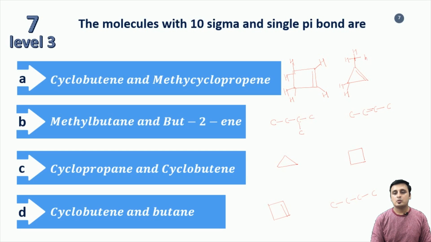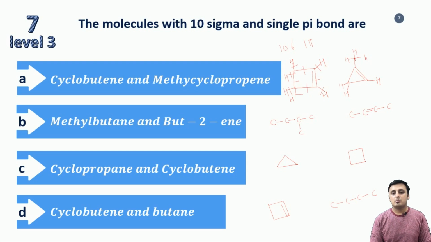There are 2 hydrogens over this carbon and 1 hydrogen over here. So let us count the sigma bonds: 1, 2, 3, 4, 5, 6, 7, 8, 9 and 10. So in this structure 10 sigma bonds are present and 1 pi bond is also present.